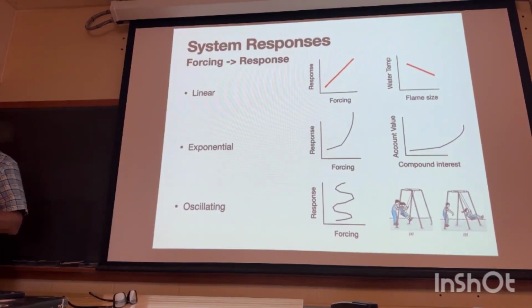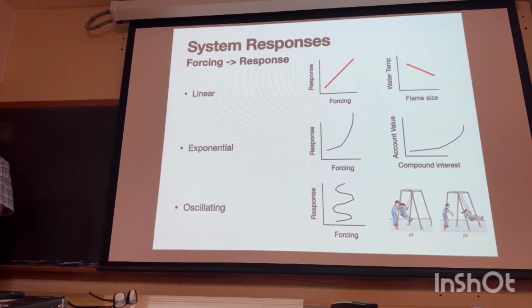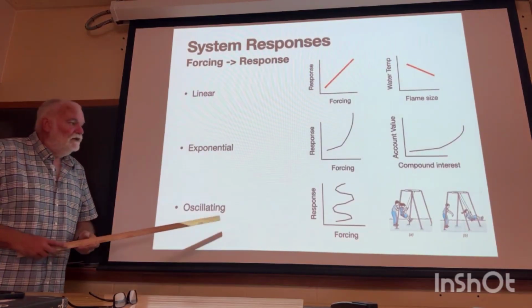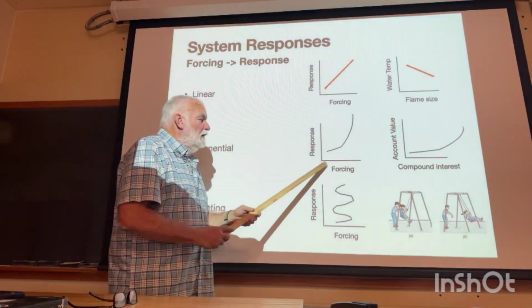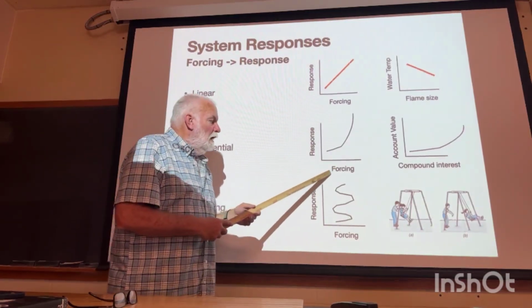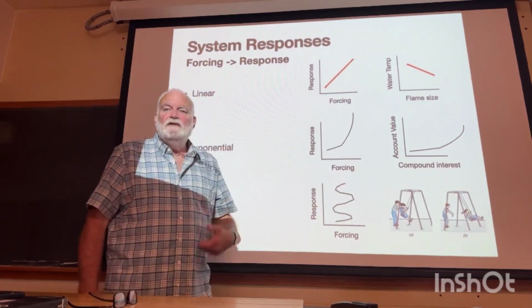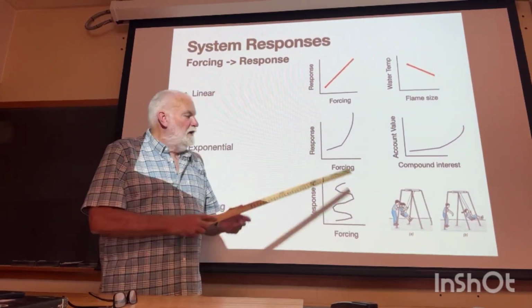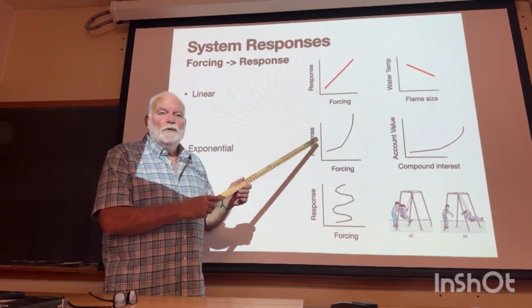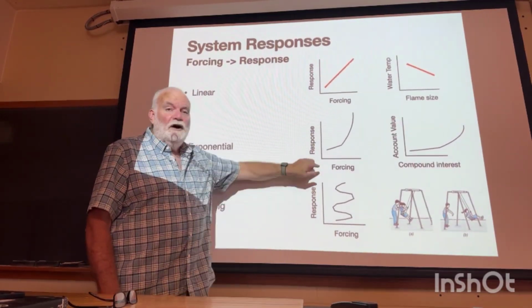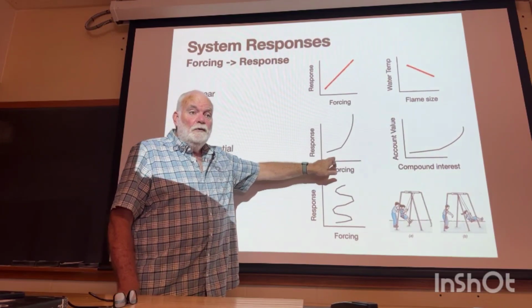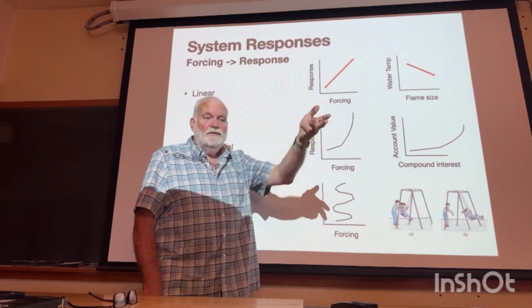Another type of system that's more common in the real world, like the black body radiation that we talked about in the first or second day, is one of these: the forcing and the response. I put more energy into the black body, it emitted more radiation as a response to that. And it wasn't one-to-one because it was to the 4th power.